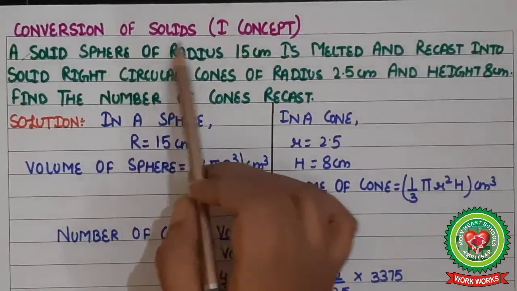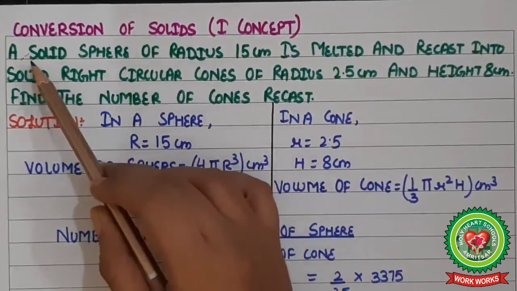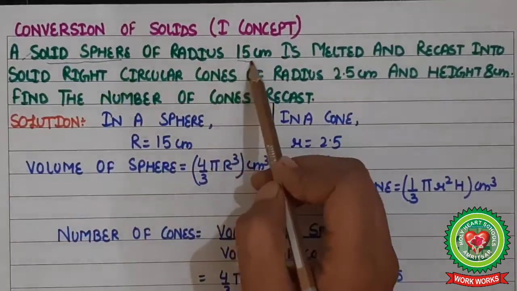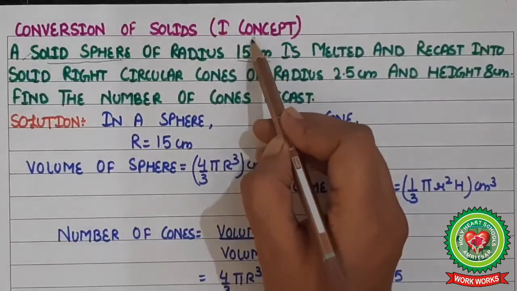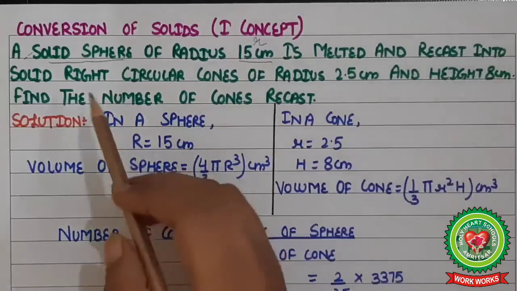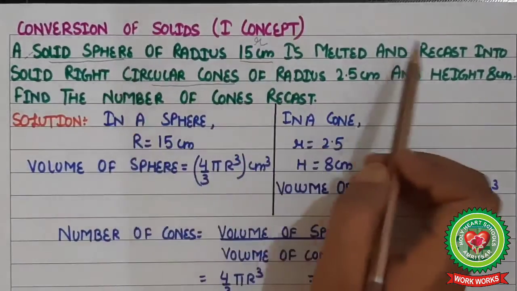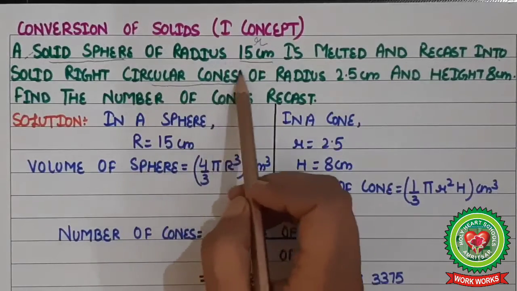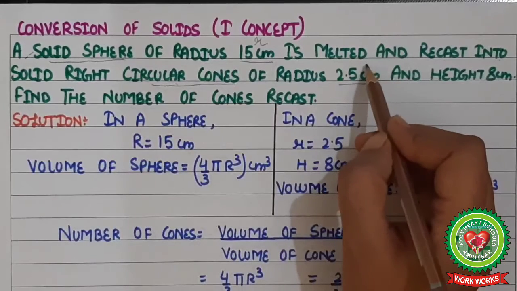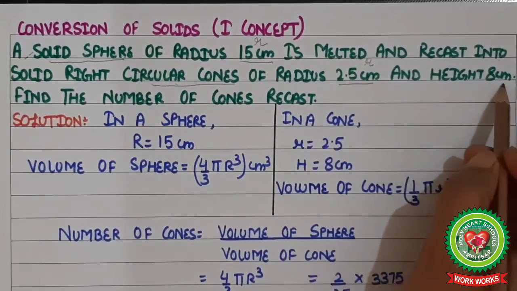Let's start with the first concept. The statement is: a solid sphere of radius 15 cm is melted and recast into solid right circular cones of radius 2.5 cm and height 8 cm.